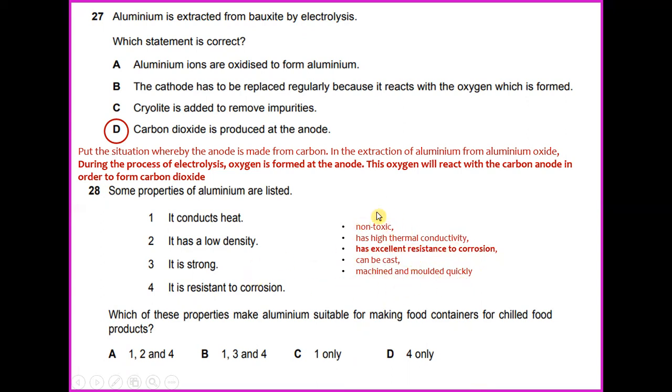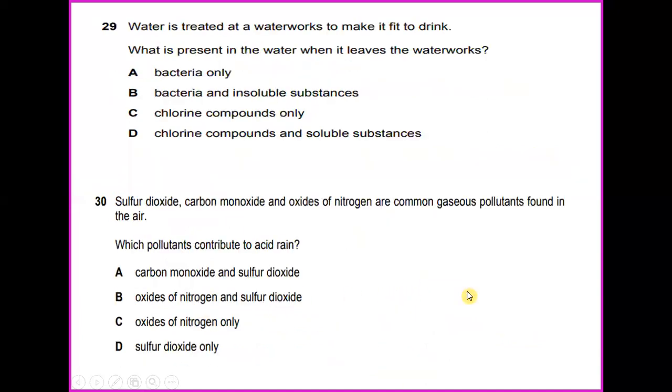From these properties listed, which of these properties make aluminium suitable for making food containers for chilled food products? The answer would be number 4. It is resistant to corrosion.